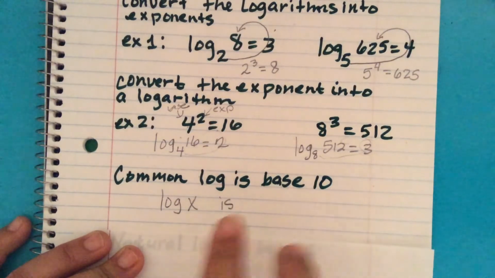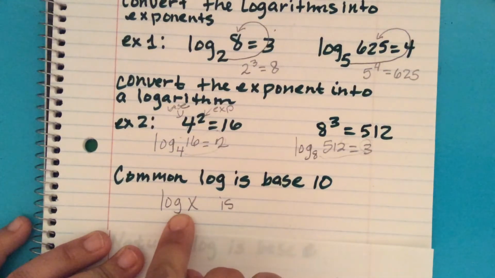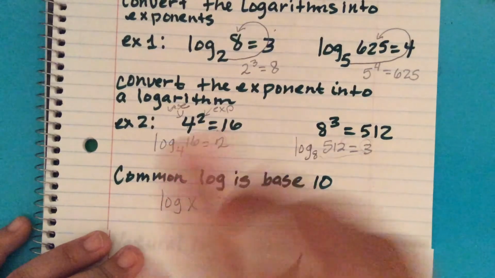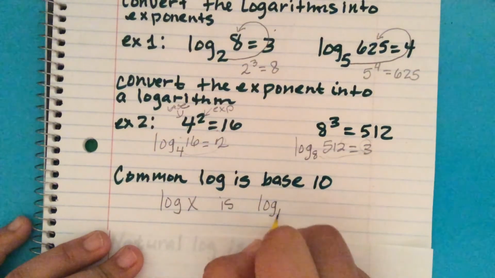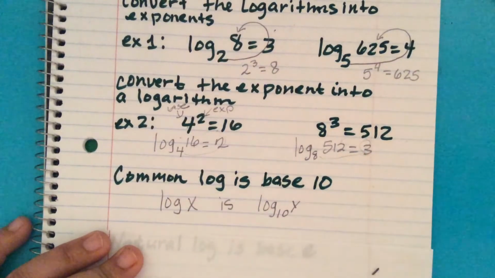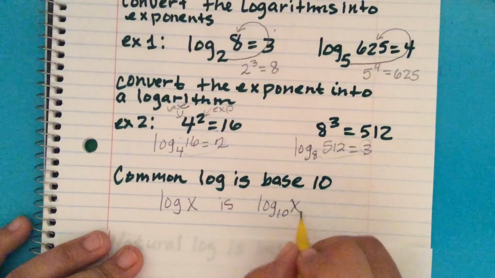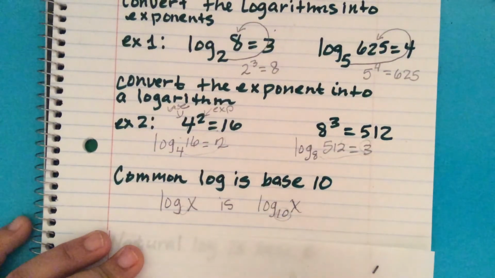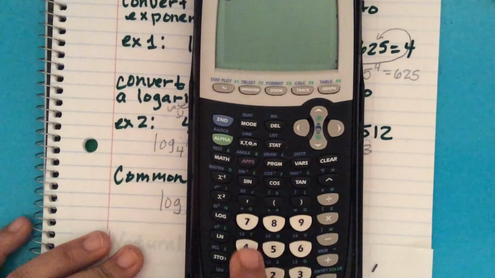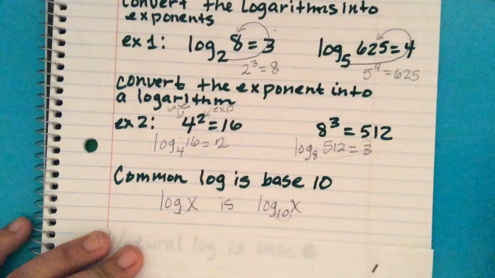You're not going to put the base 10 because it's known that that's what the base is. But that's what it really means. Okay? When you don't see a base, then you have to understand that that base is 10 and that it's this one that you have on the calculator.